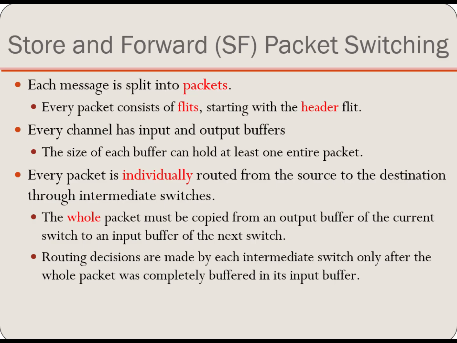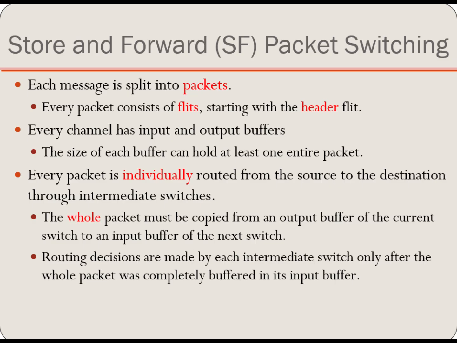The sender tries to send to a particular intermediate node, and hopes that node can eventually forward the packet. So the message is split into packets, and a packet, of course, contains some flits, some of them header, some of them data. Here we assume every channel has input and output buffers.